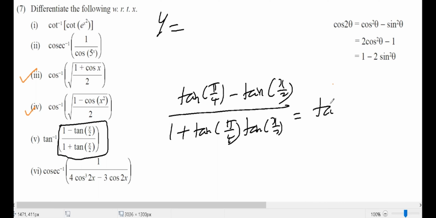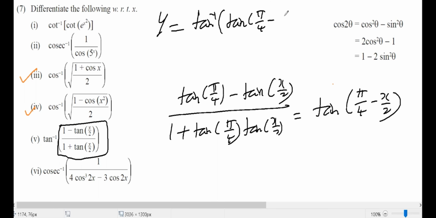This I know, it is tan of pi by 4 minus x by 2. This is the formula of tan A minus B. So I am going to write this as tan inverse of tan of pi by 4 minus x by 2, and then I will get the answer as pi by 4 minus x by 2.